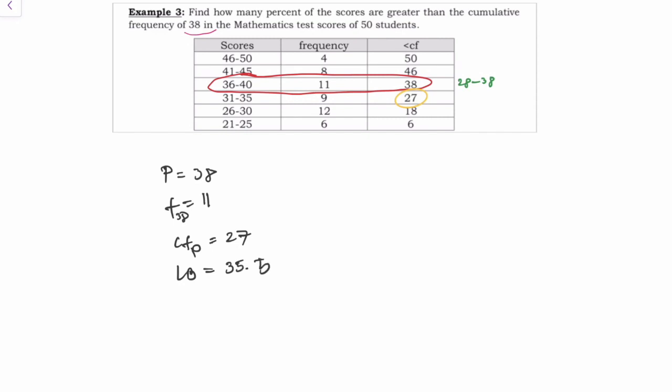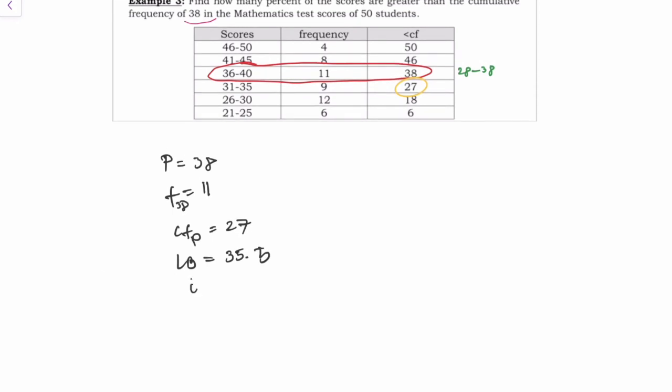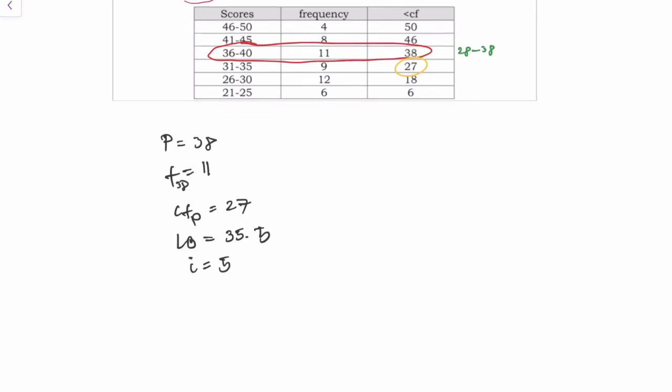And we have I. What is our class interval size? 46 to 50, we have 5, because 46, 47, 48, 49, 50, we have 5 numbers in the interval. And we will just have to compute the total frequency: 4 plus 8 plus 11 plus 9 plus 12 plus 6. That will give you a total of 50.